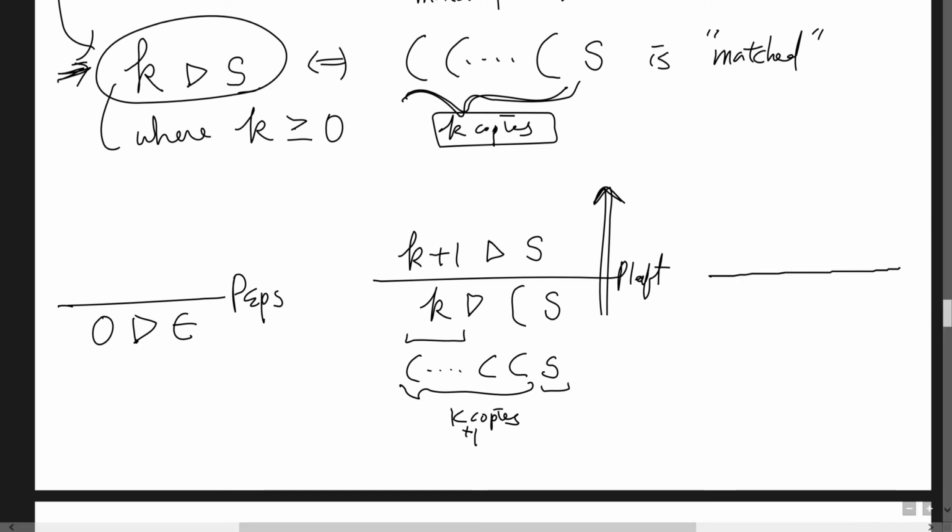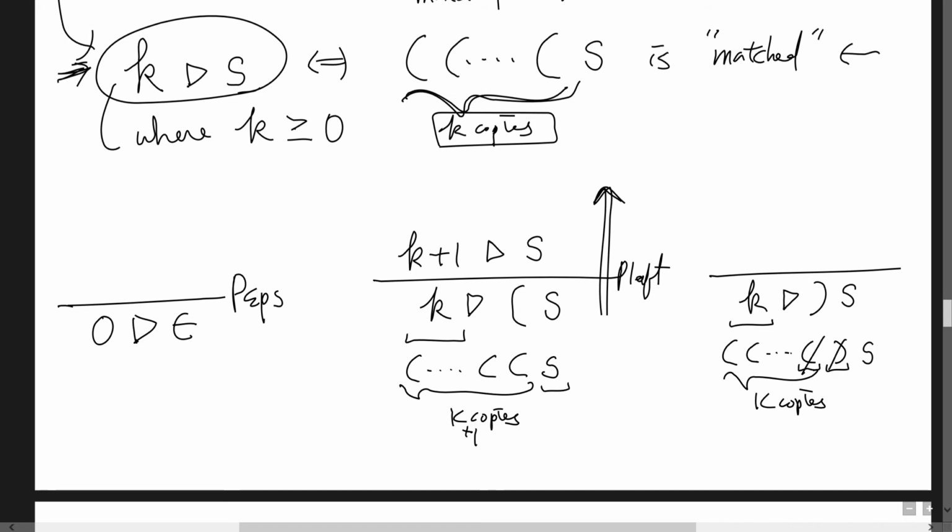And what about K triangle S when this time the string starts with a right parenthesis? Then according to the definition here, this means we have K copies of left parentheses, and then we have this right parenthesis followed by S. Then these two parentheses cancel each other.